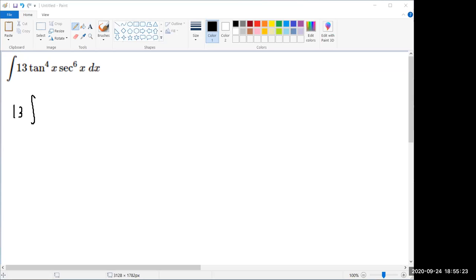So do you remember the Pythagorean identity for tangent and secant? One plus tangent squared equals secant squared.